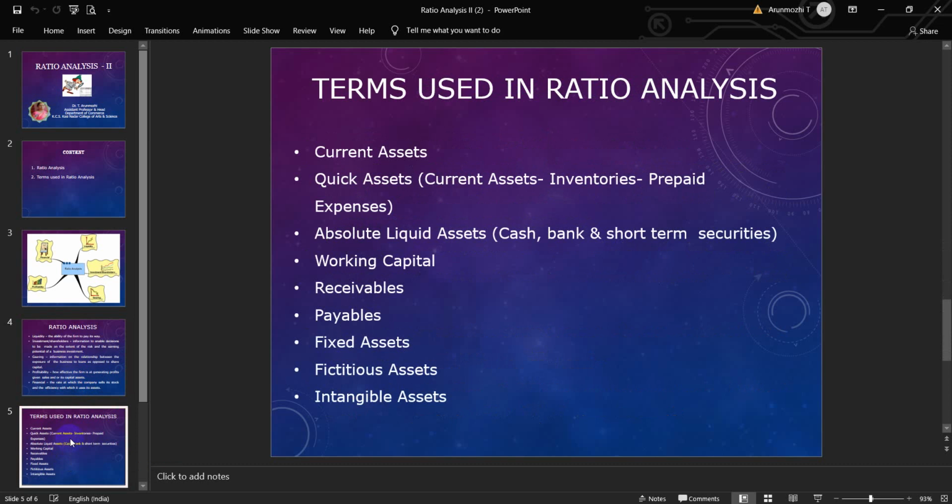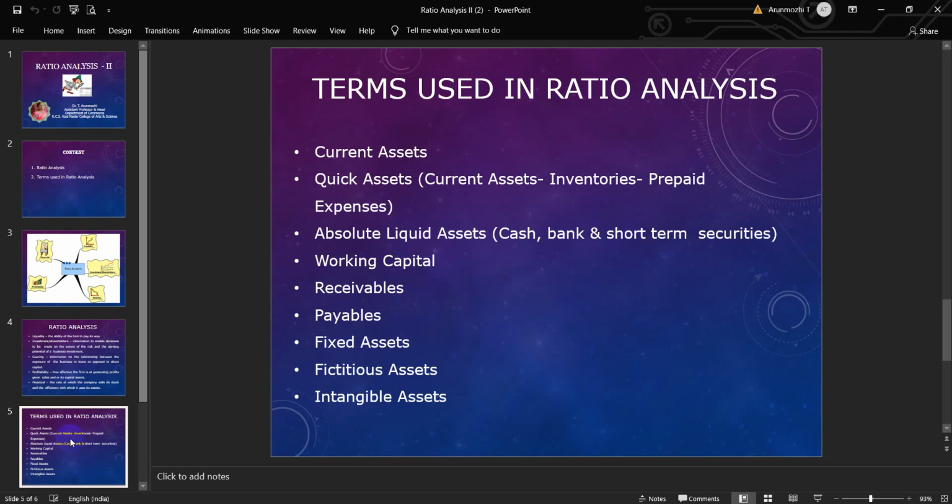First, we move on to the current assets. Current assets include debtors, stock, bills receivables, bank and cash balances, prepaid expenses, income due, and short-term investments.